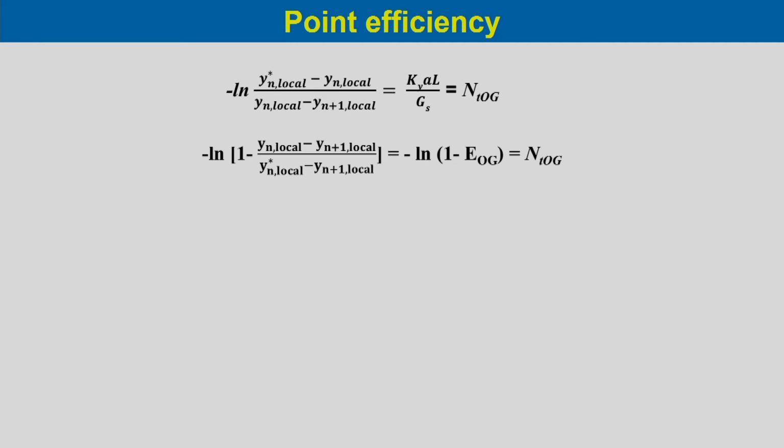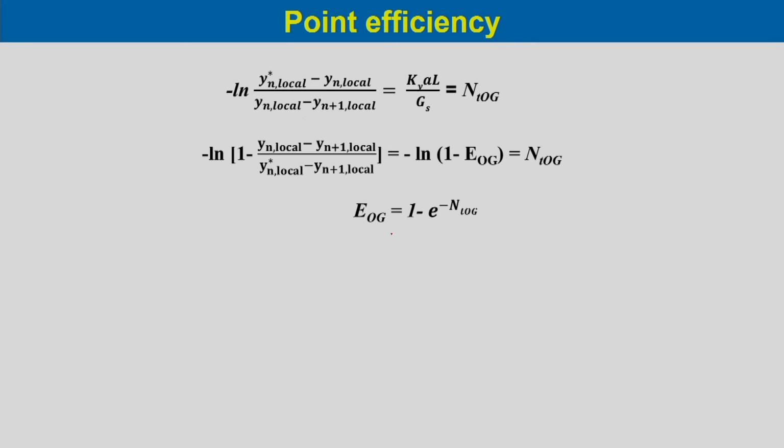So, if we just subtract both sides with minus 1, then we can write this equation as minus ln 1 minus (yn local minus yn plus 1 local) divided by (yn star local minus yn plus 1 local) would be equal to minus ln 1 minus EOG, which equals NTOG.